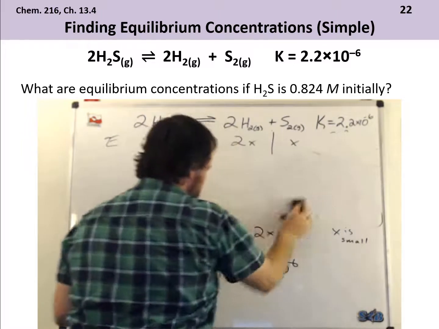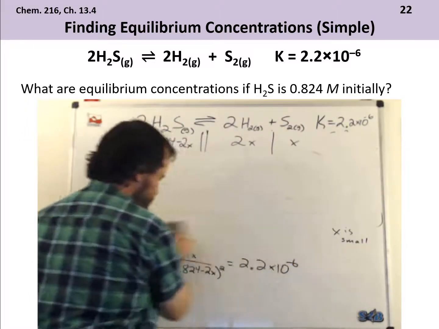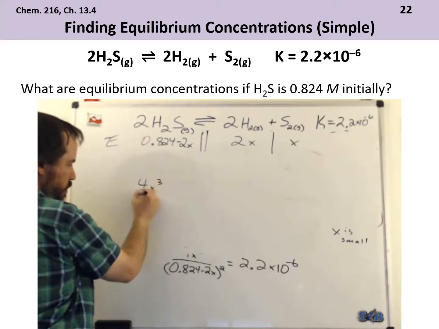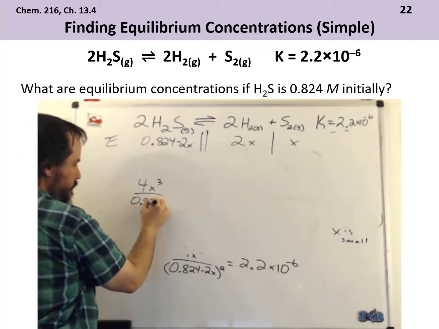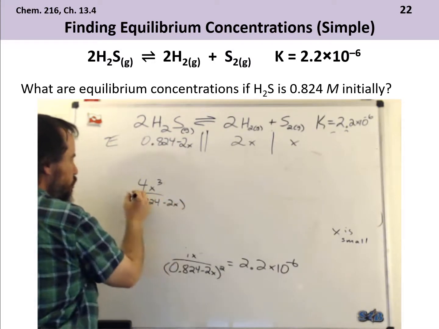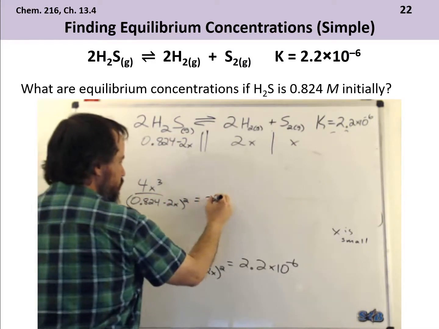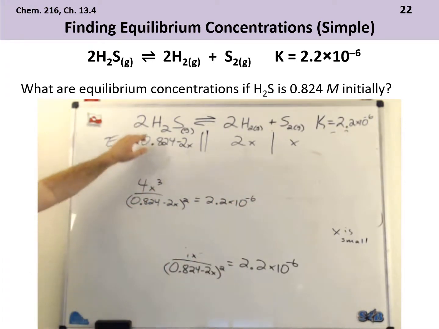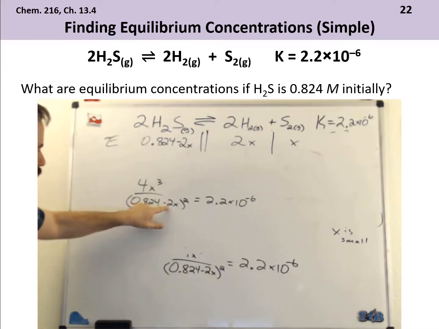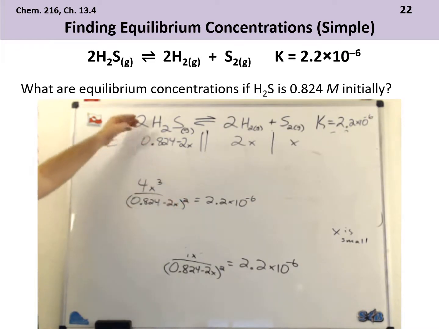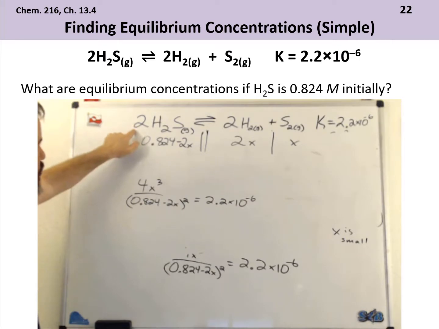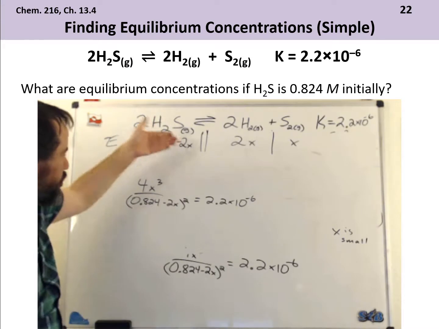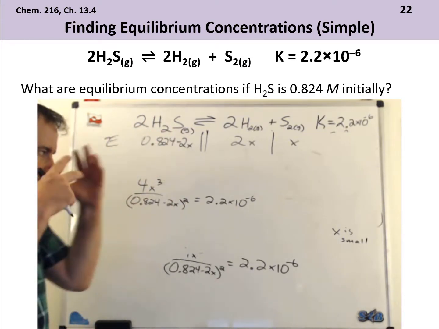I went ahead, I got this: 4x cubed over 0.824 minus 2x squared equals 2.2 times 10 to the minus 6. By the way, notice how I had a 2 here, so I get a 2 here, and I get a 2 here, right? A lot of times, if I have a 2 in the stoichiometry or in the coefficient, I get repetition. I get 2, 2, 2, right? So always be looking for that.